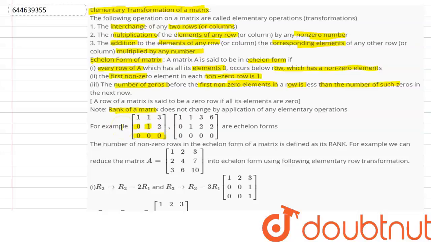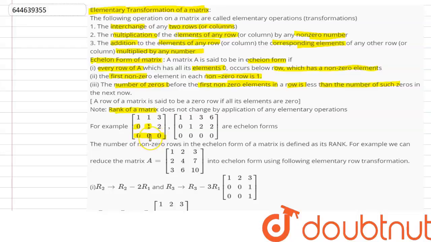As given in the example, we have 1 1 3, 0 1 2, 0 0 0. In our second row, 0 is our first element and after 0 our next element is a non-zero element, 1. And in our third row we have all zeros, which occurs after the rows which have non-zero elements.